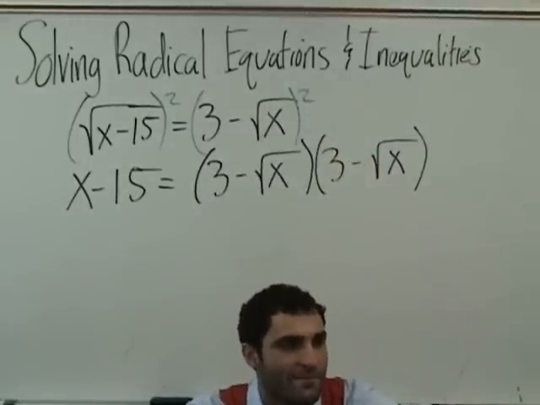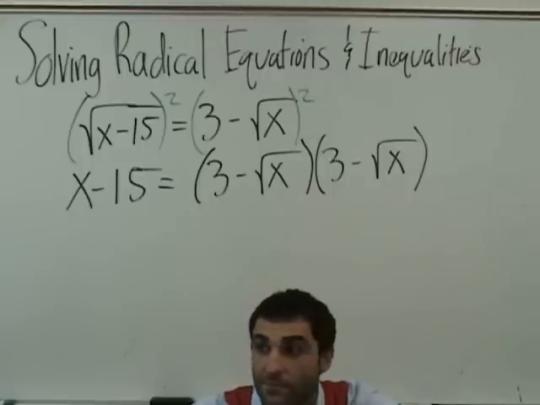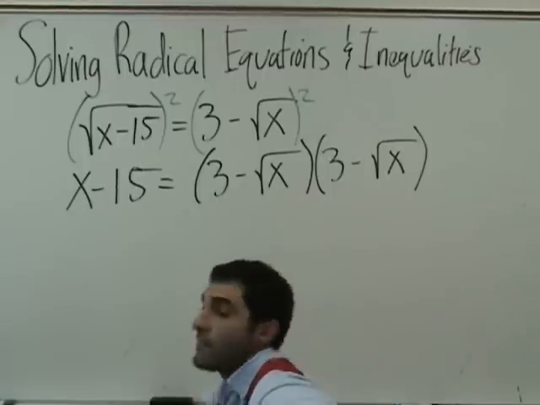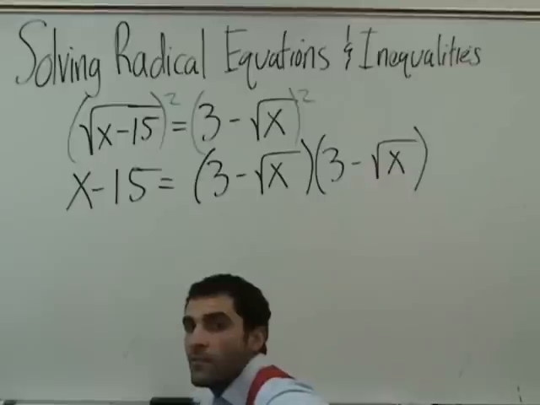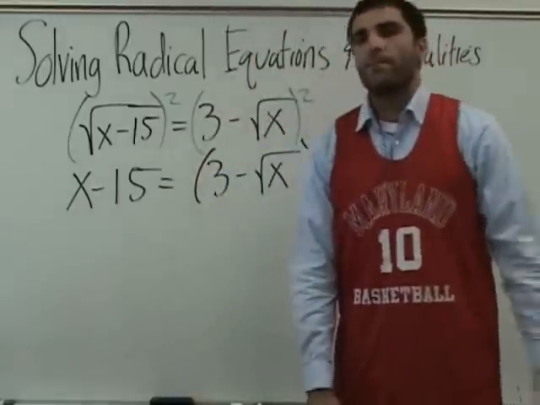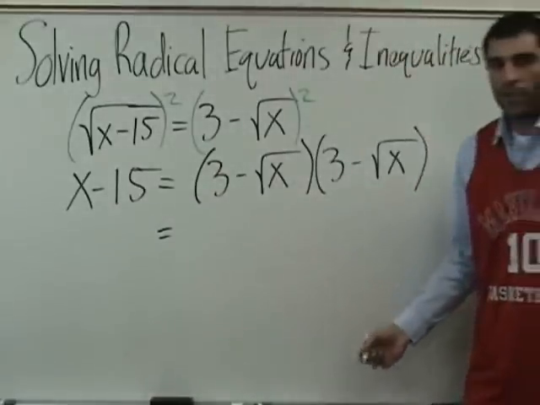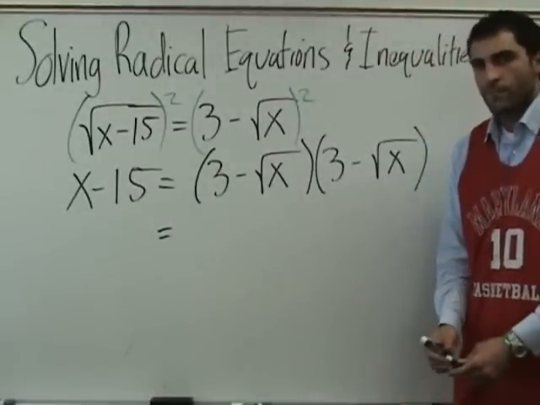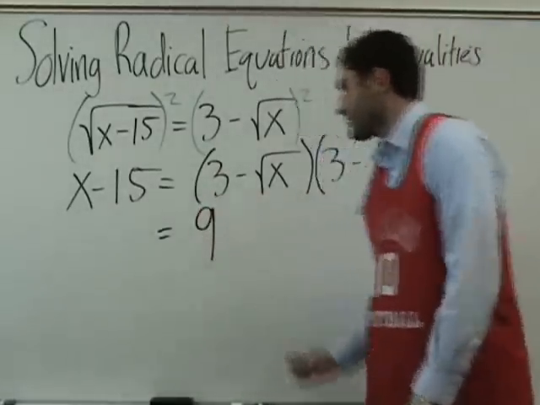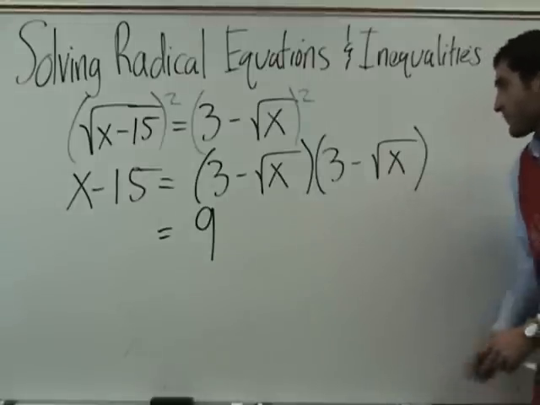Who wants to try now? 9 squared minus x minus 6 radical x. Okay, walk it through. Where is the FOIL? Alright, FOIL. First you have 9.